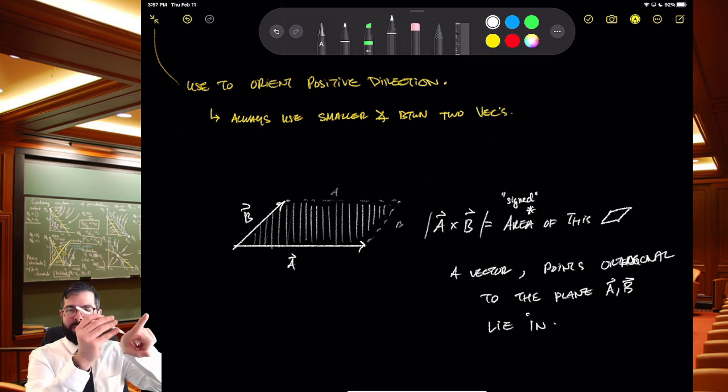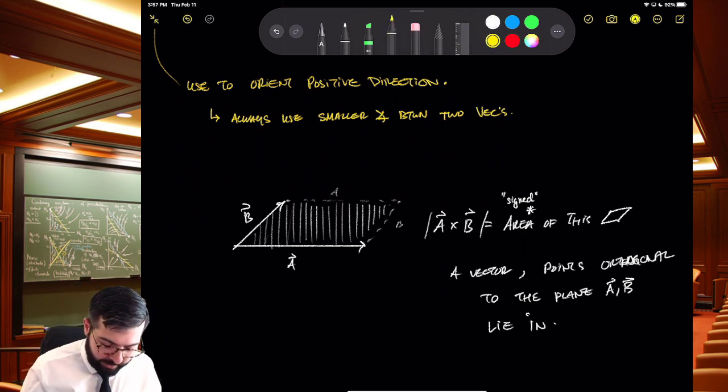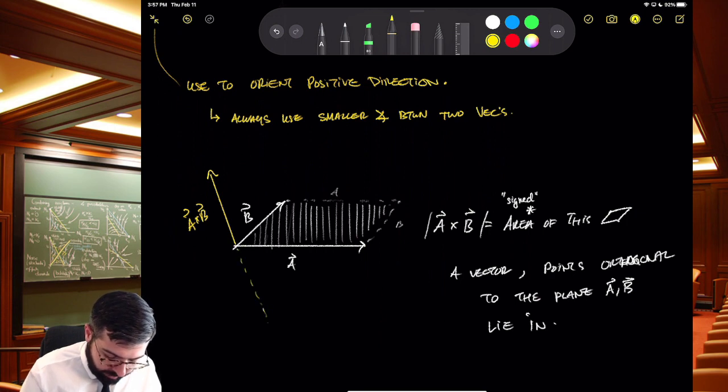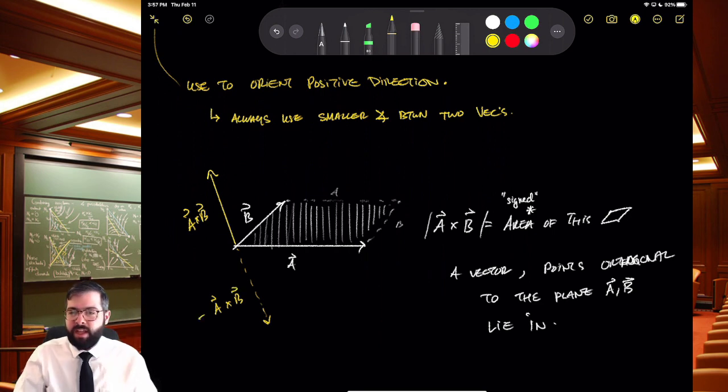And so your question might be, well, it's 90 degrees to a plane. There's two possible vectors, right? I could have it be this one, or I could have it be this one. Which is it? Well, this is the opposite, okay? And that's why the order matters.